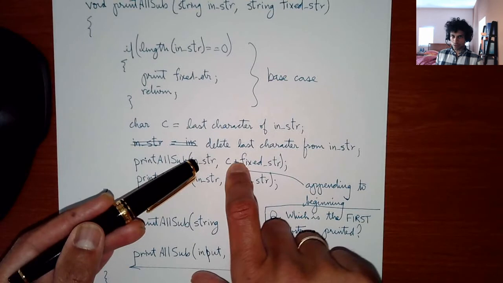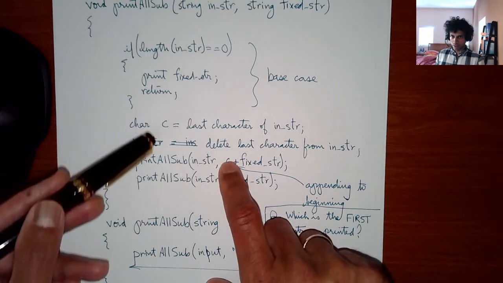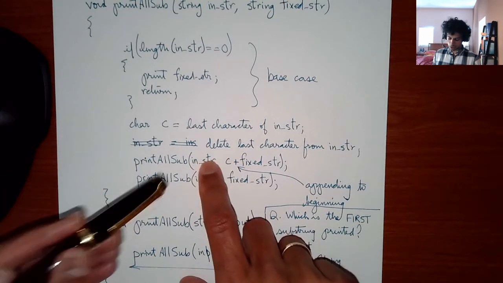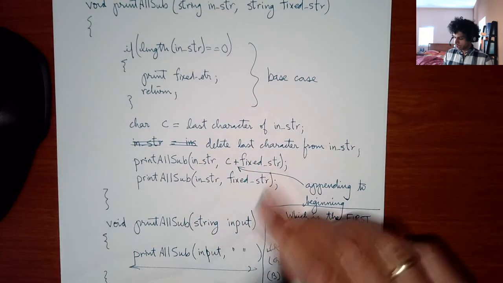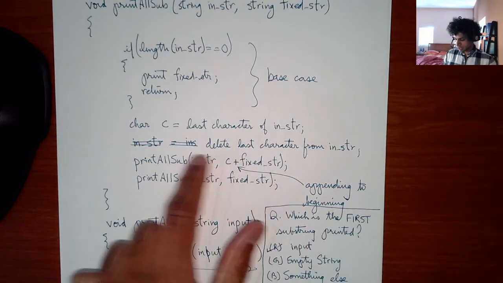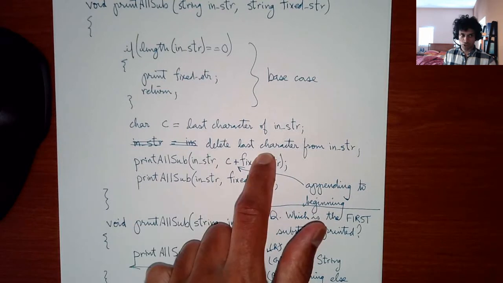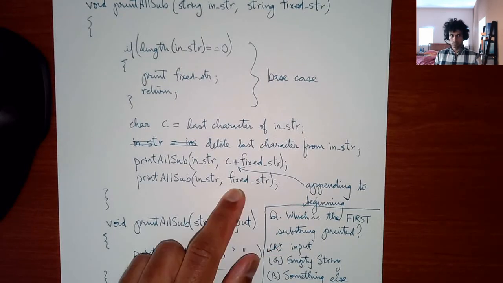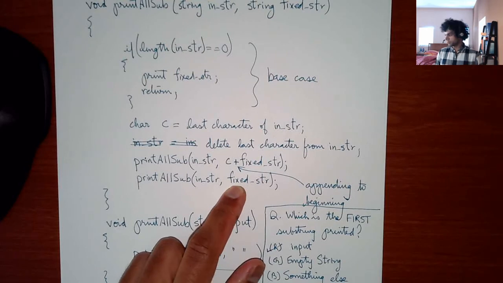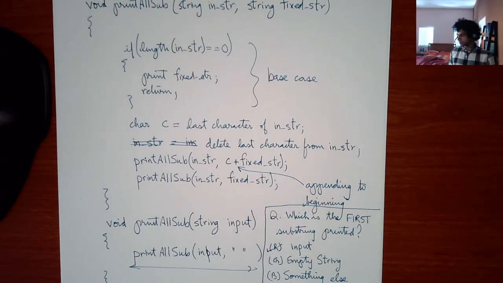That recursive call is going to go back, and the first recursive call that it makes is just going to take the second last character and append that. If you trace this all the way down, because this function is called first, the input is the very first string to get printed. The empty string will be the last string to get printed, because that would be the second recursive call, which makes itself call itself recursively.